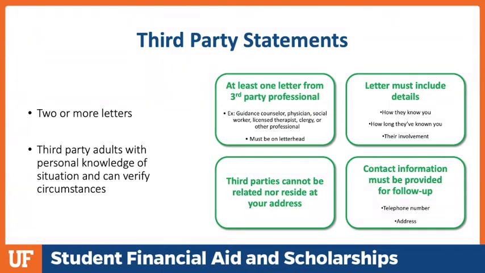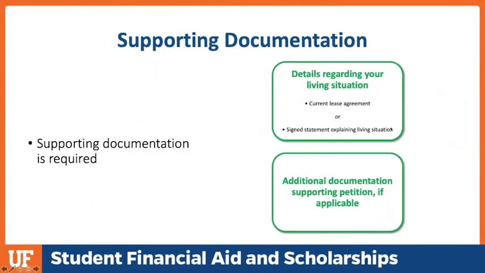Third-party letters cannot be from somebody who is related to you or resides at your address. And they want to make sure that they include their contact information, like a telephone number or an address.